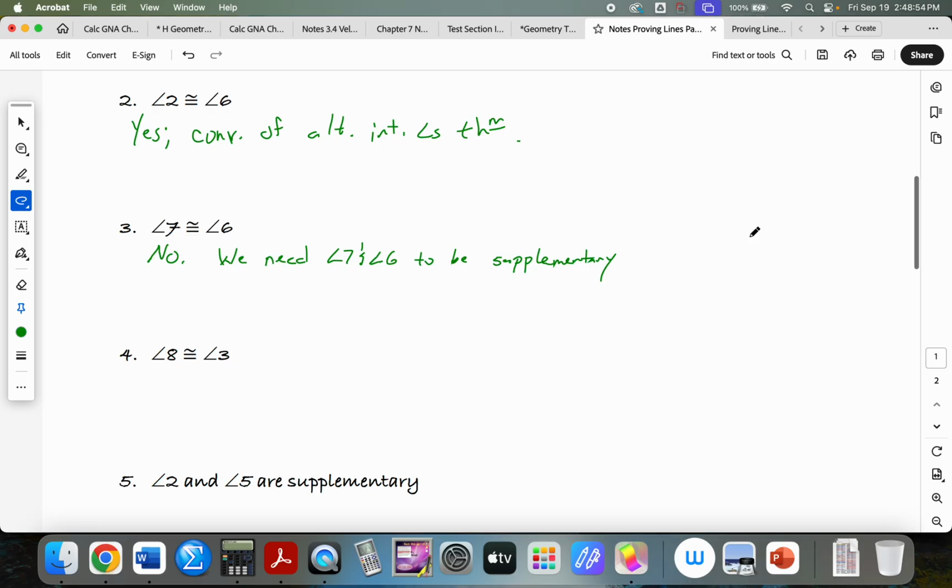So, no. These aren't any type of angle pair. We'll say it that way. So that's always a possibility, that the two angles aren't any one of the kinds that we want it to be.